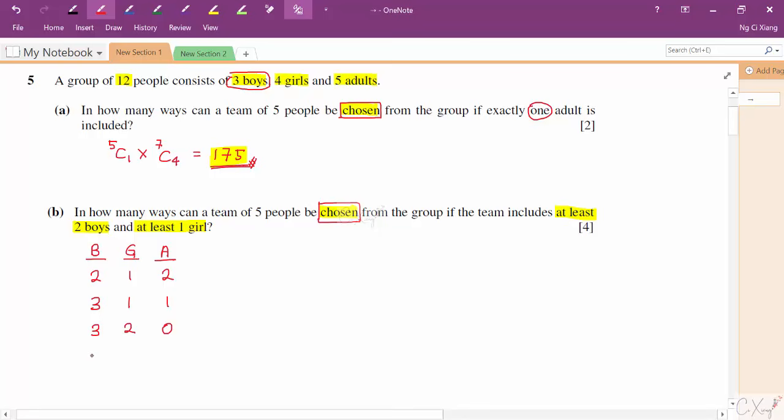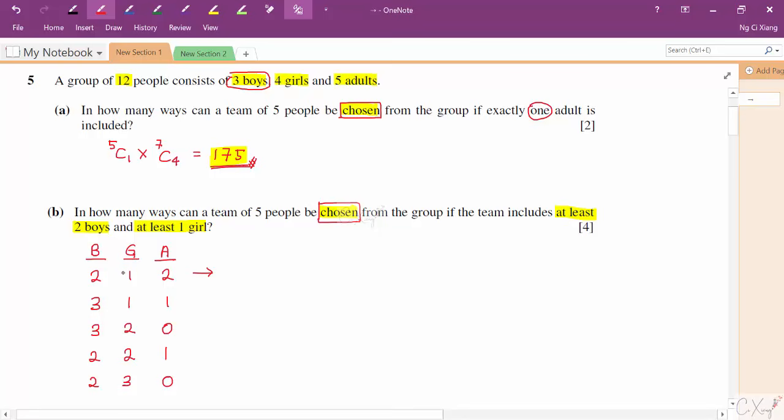If I have 2 boys, then I might have 2 girls and 1 adult, or another case is 2 boys with 3 girls and 0 adults. I think these are all the possible cases for this question.